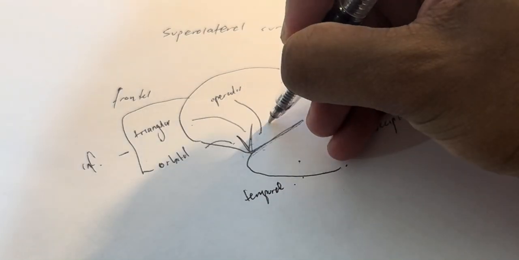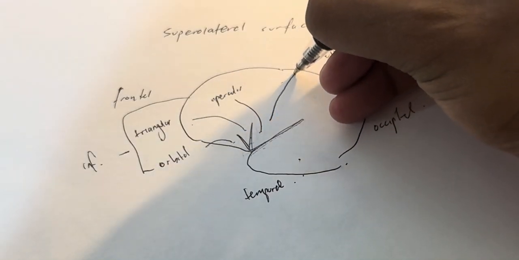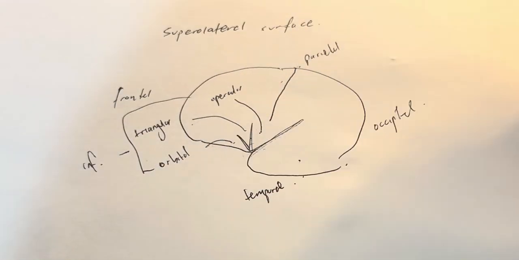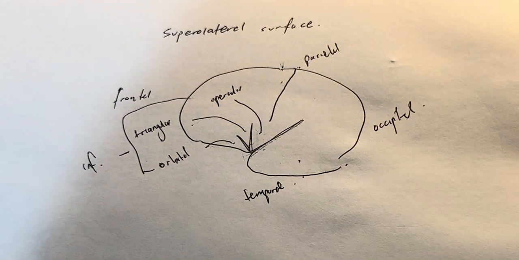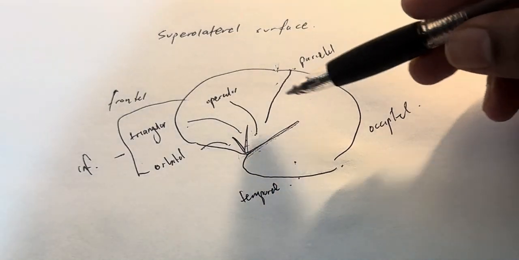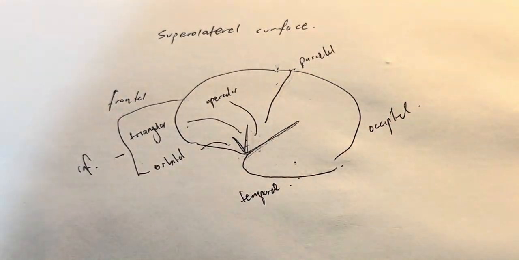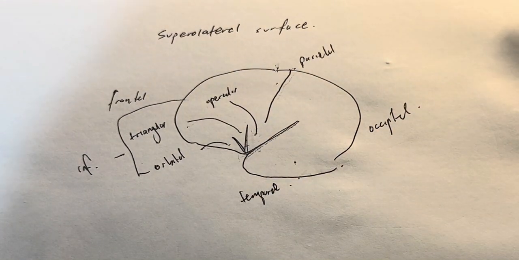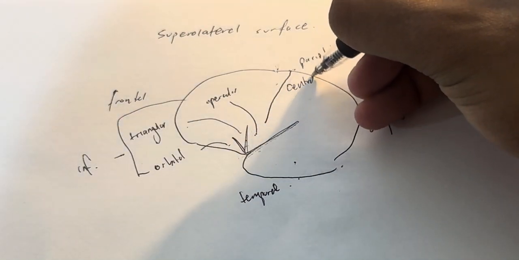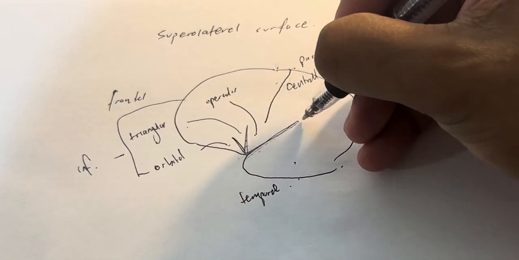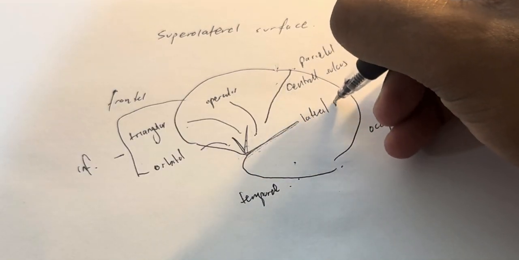Now there's also another major sulcus that runs just behind the opercular. Starting off here, it goes on to indent the superior border of the hemisphere just behind the midpoint. It's the only long sulcus that passes onto the medial surface of the brain. So this is the central sulcus, and this is the lateral sulcus.